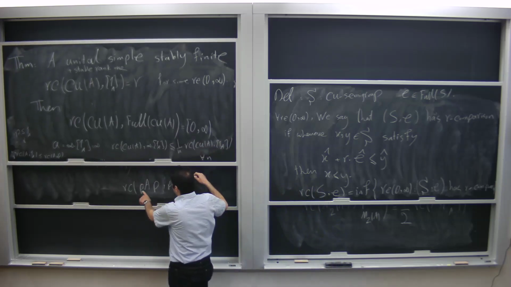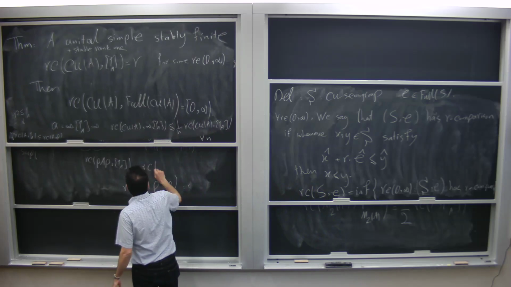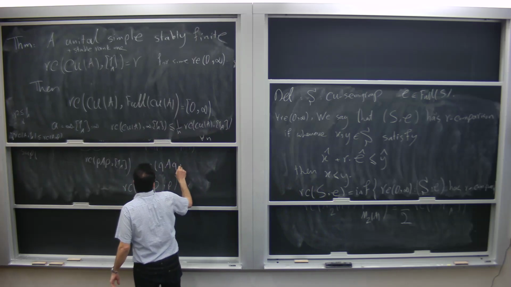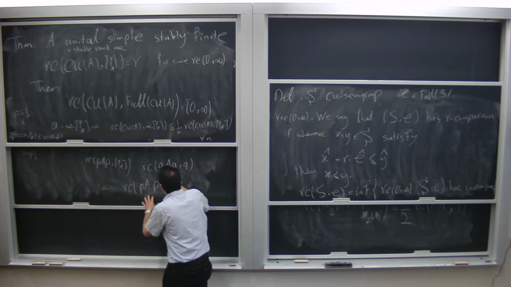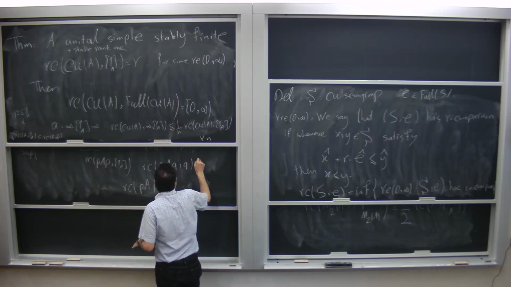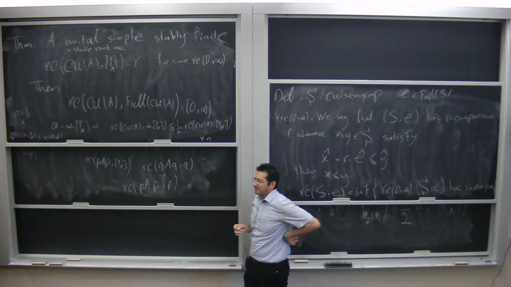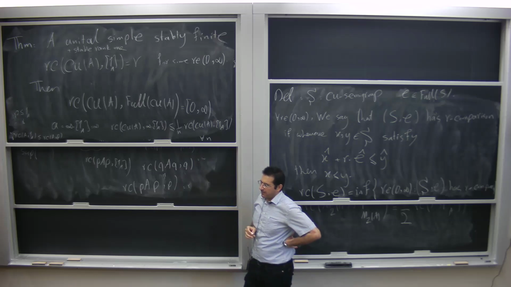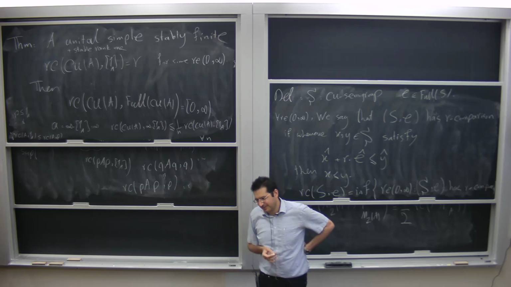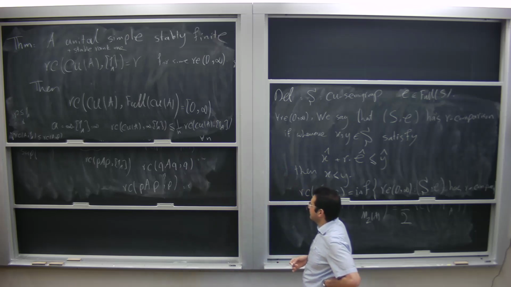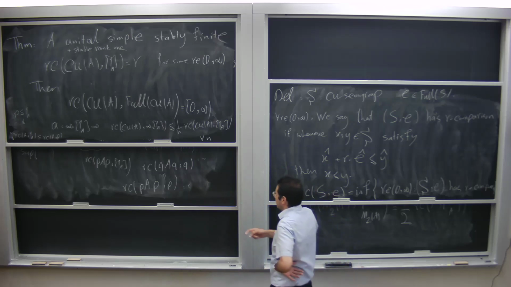You see, they have, for example, the RC of P A P with respect to P, and the other one is the RC of Q A Q with respect to Q. But those are equal, and those are equal to W or something. The radius of comparison of all of them are the same. But the Elliott invariants are not the same for that type of algebra.